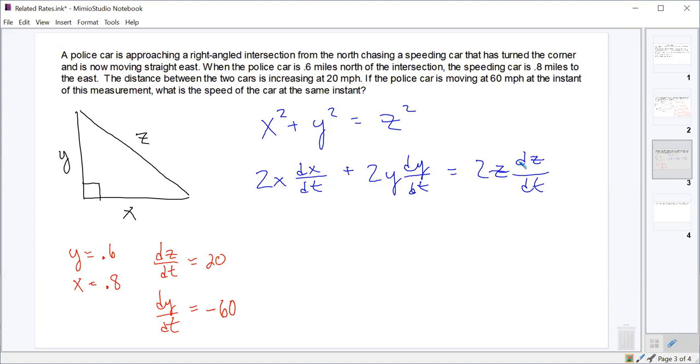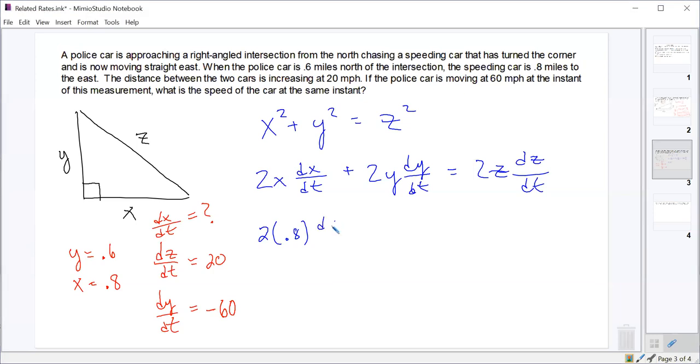Everybody good with that? Cool. So now we'll plug in everything that we know. 2 times our x value, which is 0.8, times the dx/dt. Well, what's dx/dt? dx/dt is how fast the car is moving. That's what we're interested in. So perhaps over here I should have written dx/dt is what we're looking for.